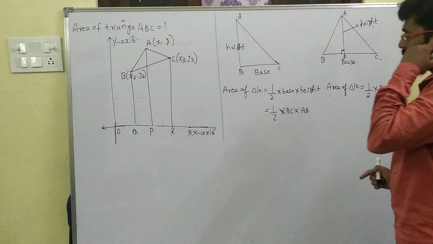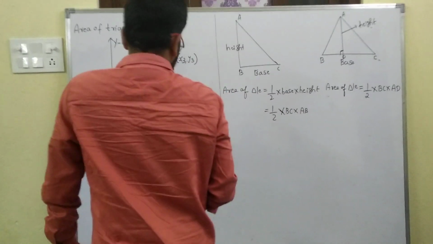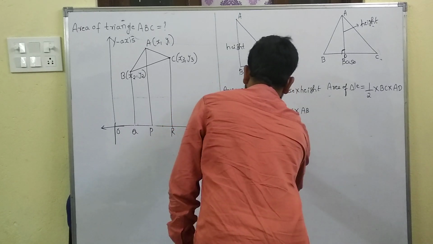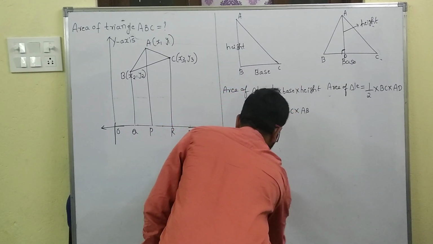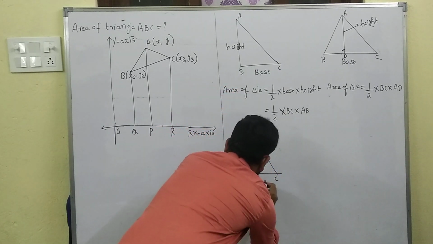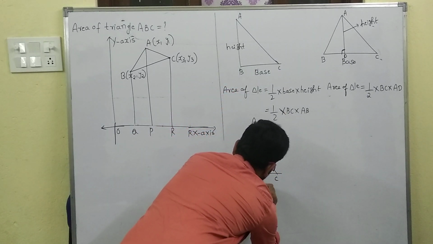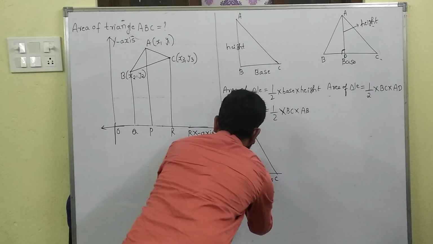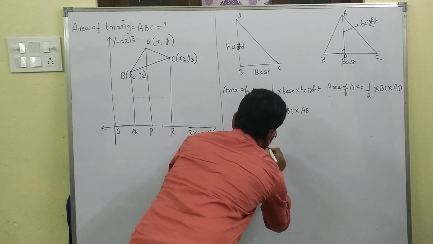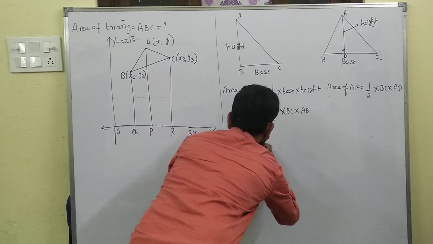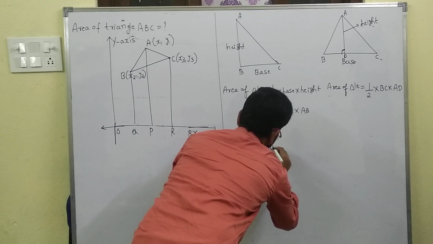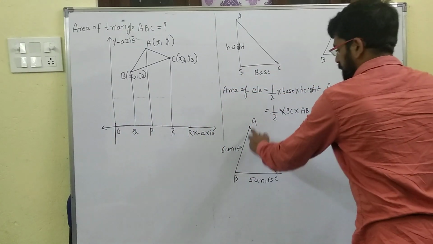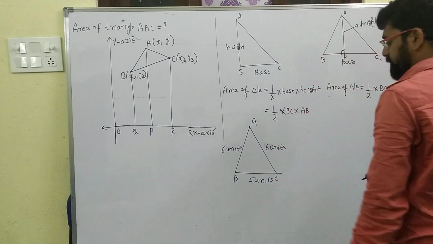Now, if they give it like this, and we try to find the area of A, B, C, where BC is 5 units, AB is 6 units, and AC is 6 units.